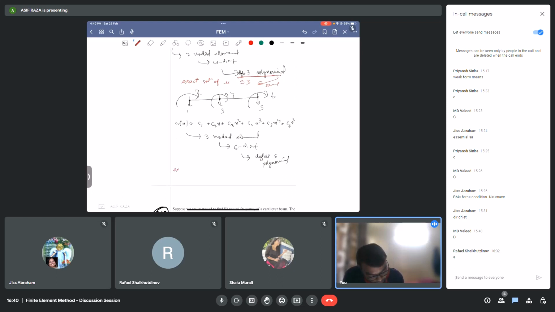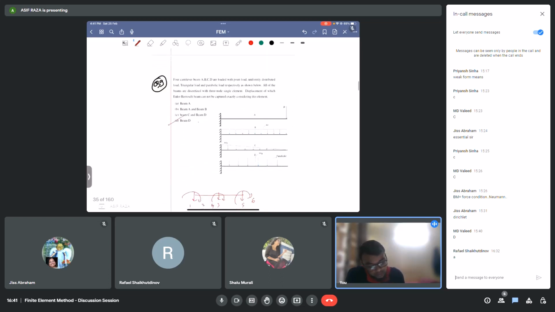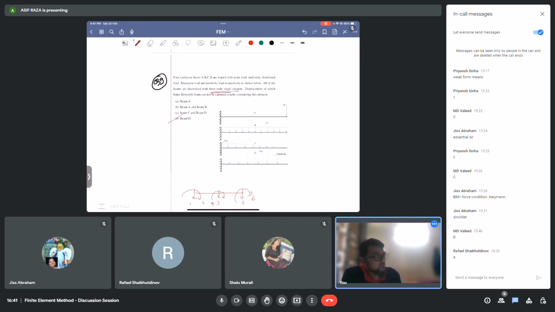Likewise, when we take a 3 noded element, if the degree of our exact solution is 5 or less, then this 3 noded element will give me an exact solution.